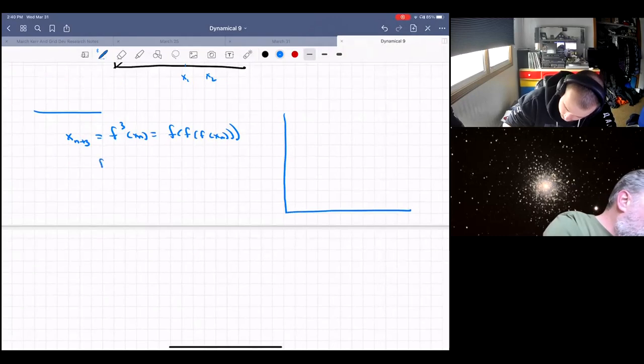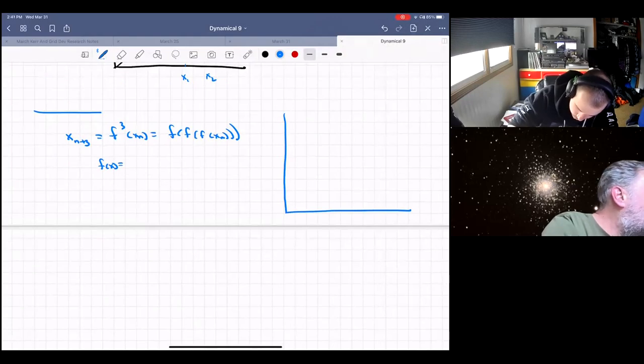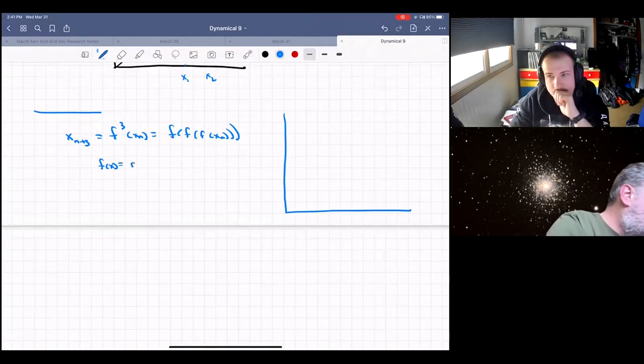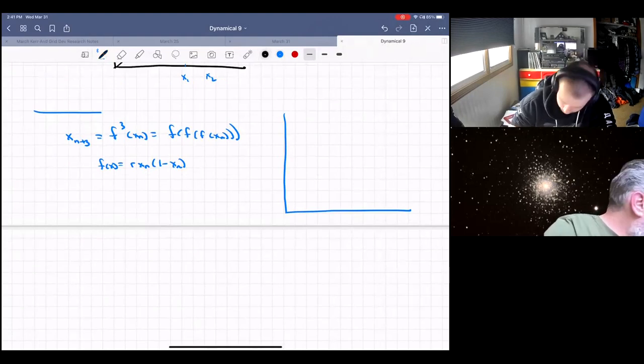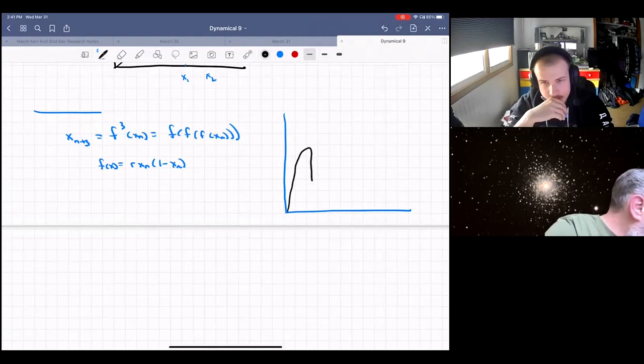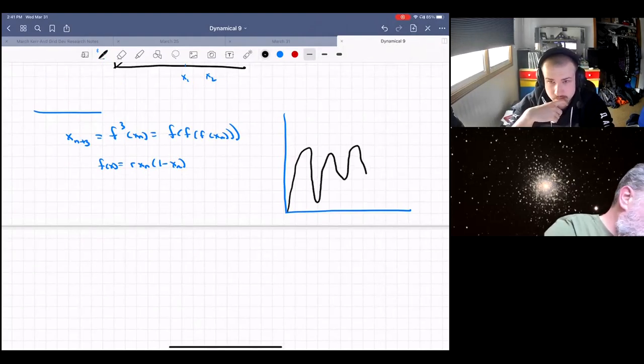So you've got f of x is r times xn times 1 minus xn, right? If you plot out what this thing looks like, it looks something like that.